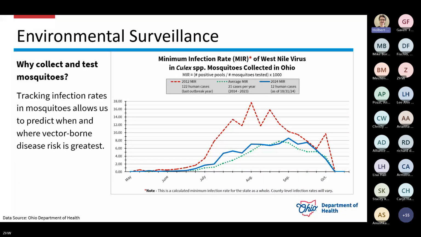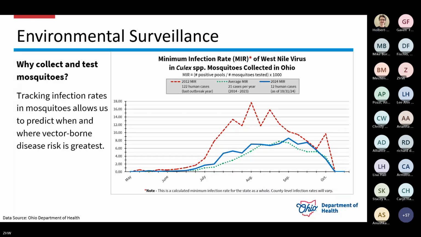So why do we do this environmental surveillance for vector-borne disease? Doing the surveillance helps predict disease outbreaks. There's usually a 2-week window between when West Nile virus positives pick up and when we start seeing human cases.